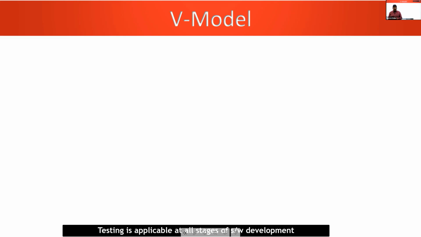Such kind of software application, number of requirements, number of functionalities are very few, but every functionality is very, very important. A minor mistake is also not accepted. Such a critical application, such a sensitive application, management will choose, we go with V model.